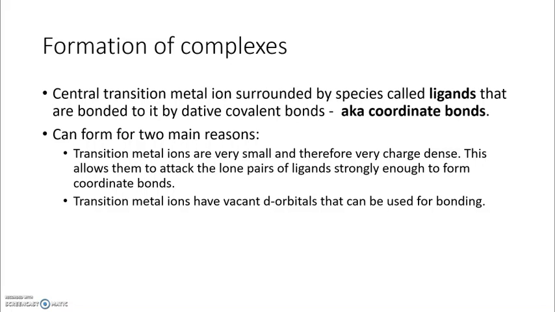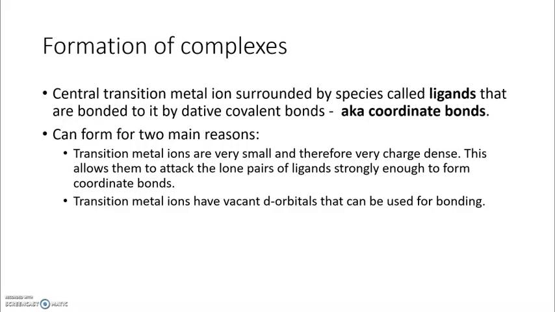And this happens when you've got a very, very small, very, very charge dense cation that is able to pull the electron density of the anions back towards themselves. This is very similar to what's going on here, where the transition metal ions are pulling the electrons in a ligand towards themselves to form a dative covalent bond.